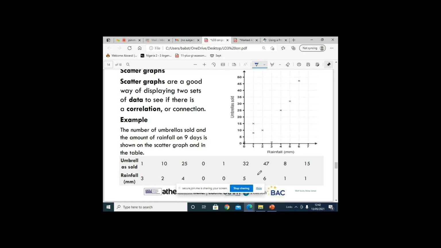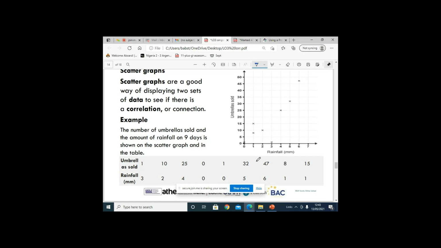If you look at this one now, you realize that the highest rainfall, at 6, is when they sold the highest number of umbrellas. The second highest is 5. When the rainfall is 5 millimeters, that's when the umbrellas sold are 32.